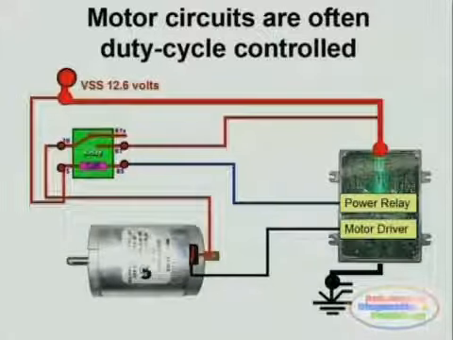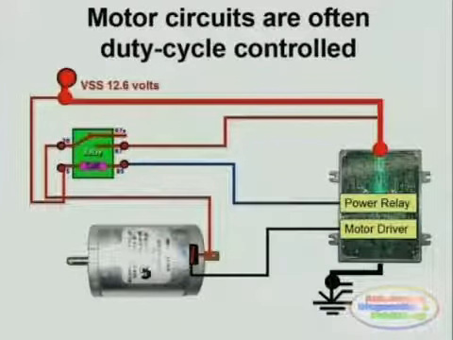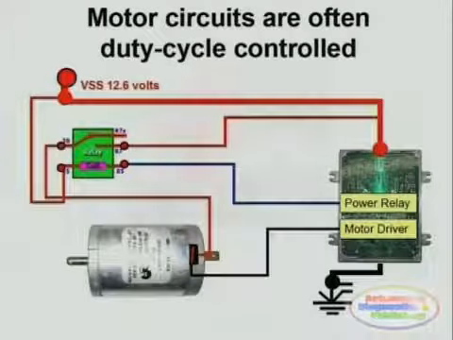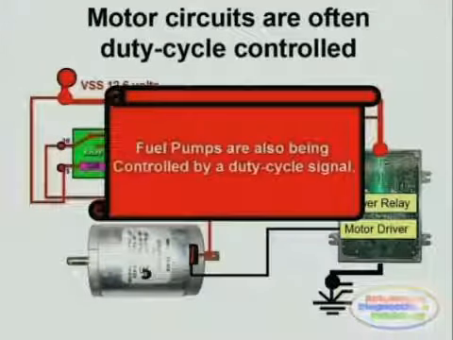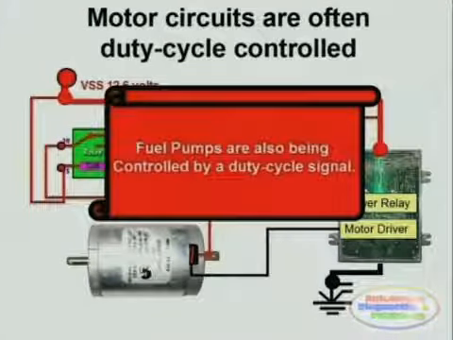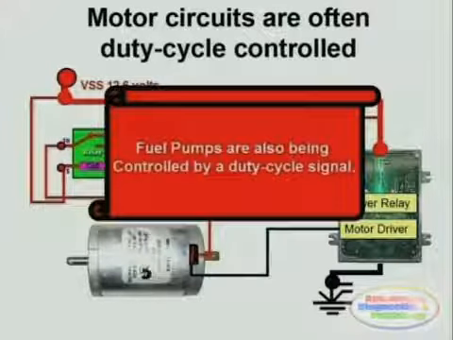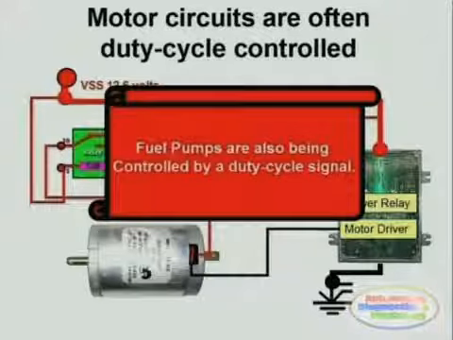This doesn't mean that the motor is controlled by the relay. Fuel pumps are also controlled by duty cycle signals through the negative side of the circuit. In this particular case, the relay provides the plus or the positive side to the motor, and the ECM or the ECM driver provides a pulsated ground to the negative side of the motor.